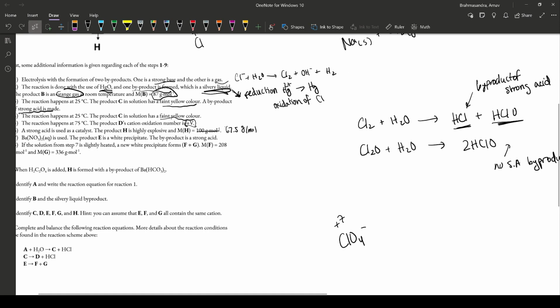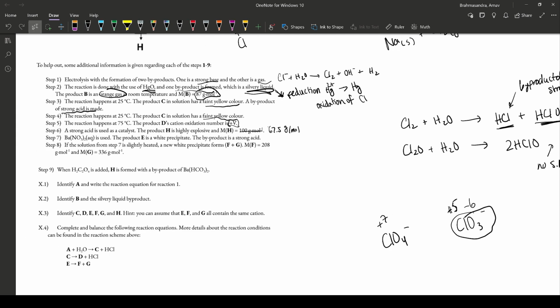You might know ClO3 minus, right? And if we look at this, the chlorine in ClO3 minus has a +5 oxidation state. And this is a really common anion. ClO4 minus and ClO3 minus are very common anions. And so a +5 oxidation state matches up with step 5.